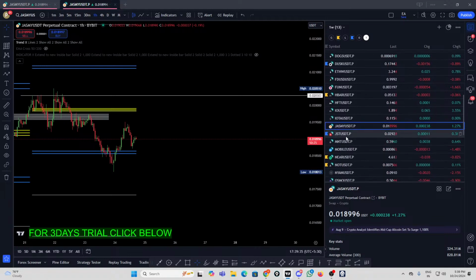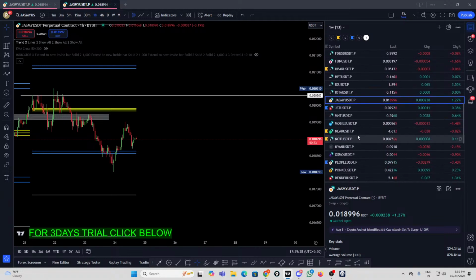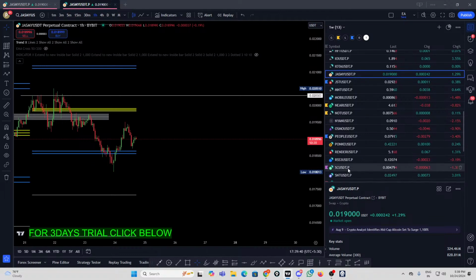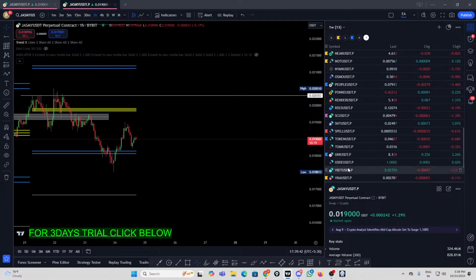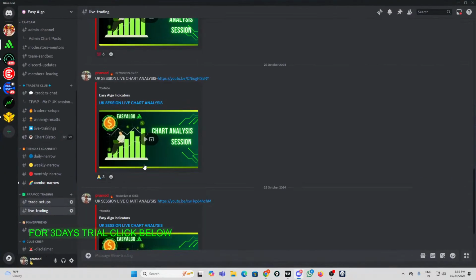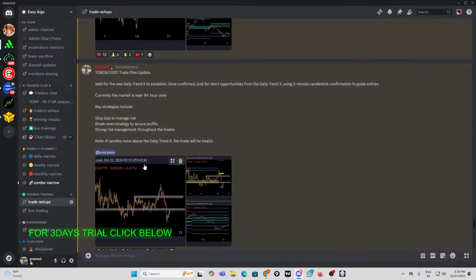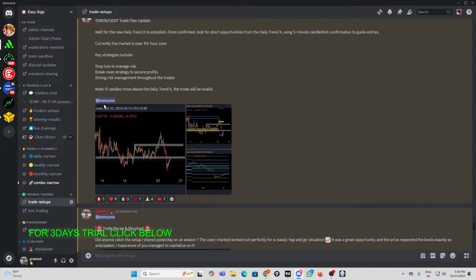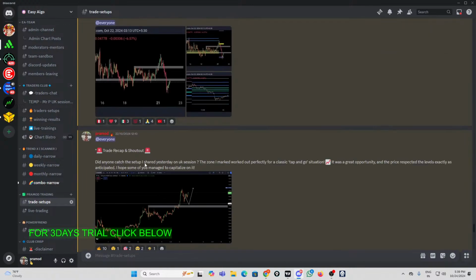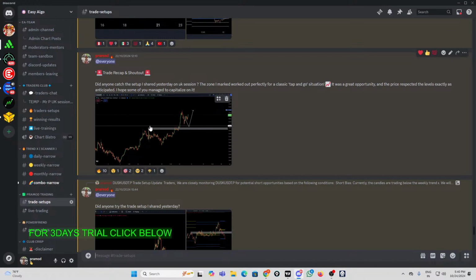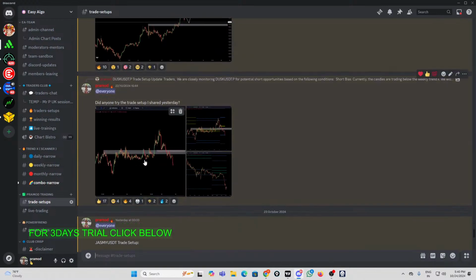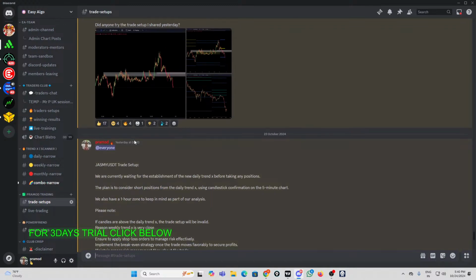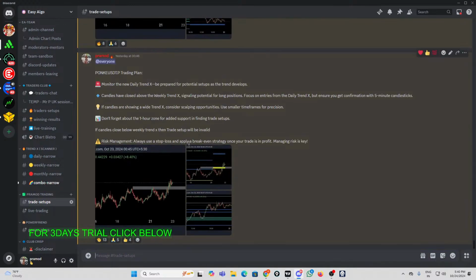And another trade I gave, let me check here. Here I'll be posting. For token USDT, we didn't take any trades, so I mentioned that. So the recap already: this was Tusk USDT, Jasmy, PONKE USDT.